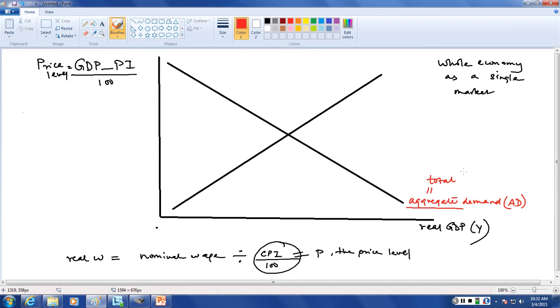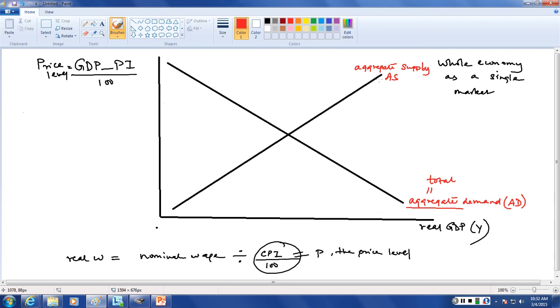And the supply curve is going to be called aggregate supply, or AS. So instead of just calling it demand and supply, we now add the word aggregate, because aggregate stands for total, since we're talking about the entire economy. Okay?